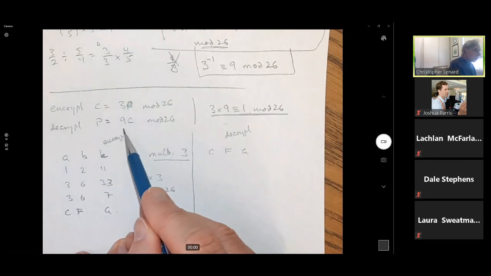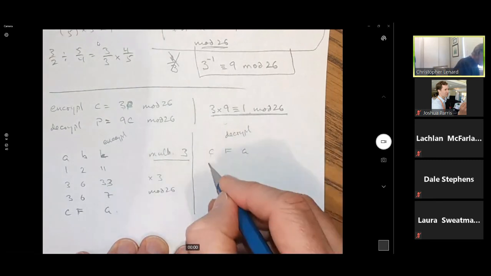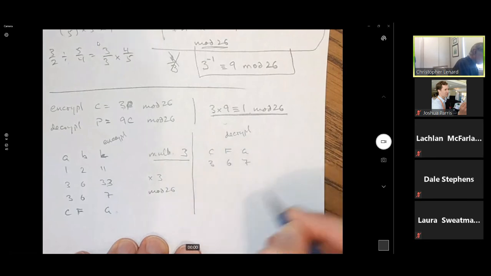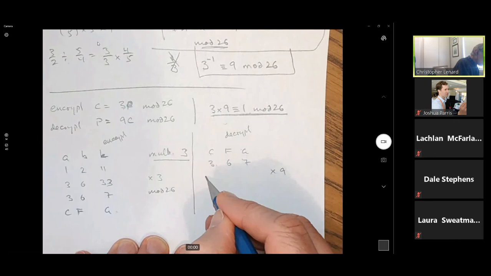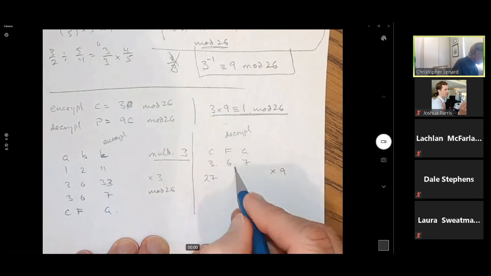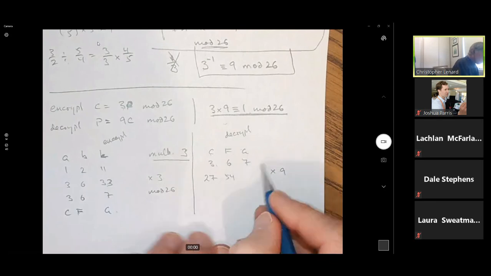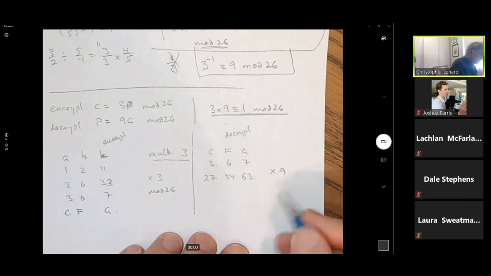We're going to multiply by 9. So CFG are letters 3, 6, and 7. Multiply by 9 to decrypt. So 3 9s are 27. 6 9s are 54. 7 9s are 63. Reduce mod 26.